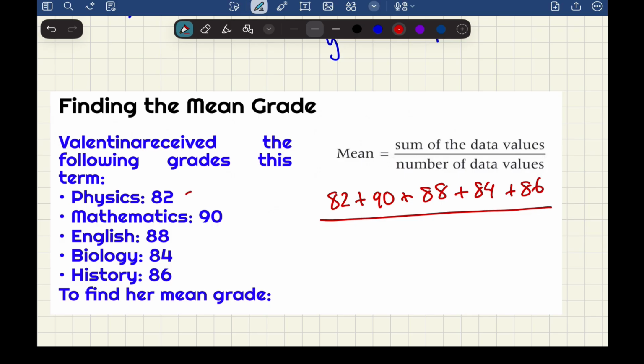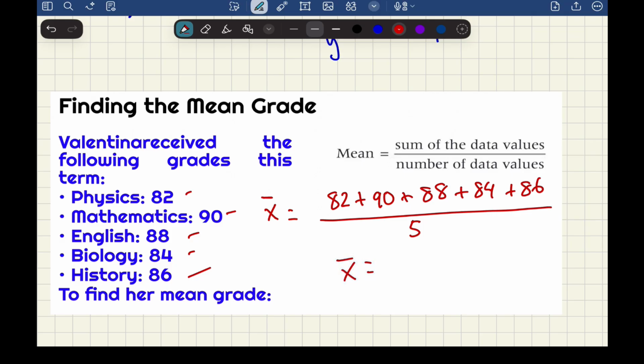So we have 1, 2, 3, 4, 5 grades, 5 subjects, so divided by 5. And remember, this means the mean. Okay, so we can perform this operation and we can find the mean.